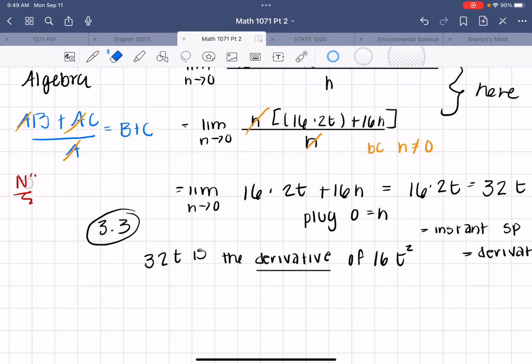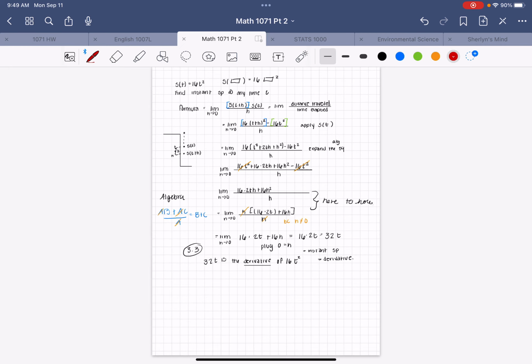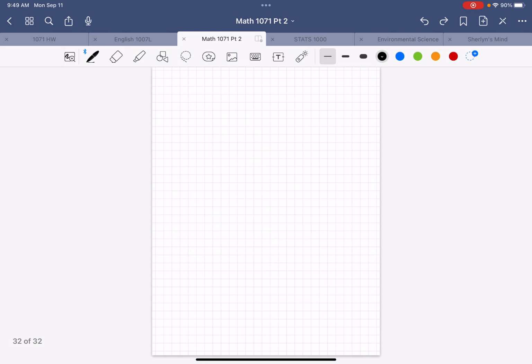Now, for number 12, I got 5 minutes, and it's right here. For number 12, for the ball in exercise 11, find the instantaneous speed when t is 4. Well, you know the answer already. If t is 4, you know the derivative is going to be 32t. 32 times 4 is 128. You've already seen the answer, but let's go through the steps. Same steps we've been doing.